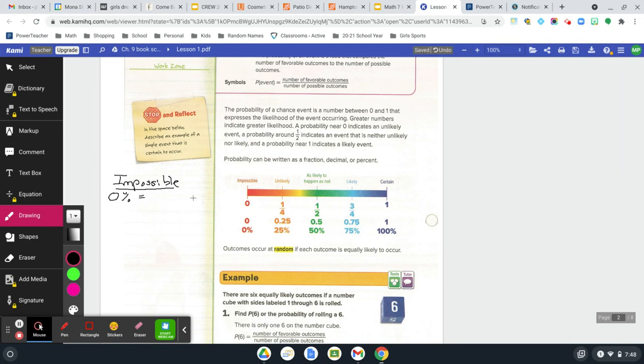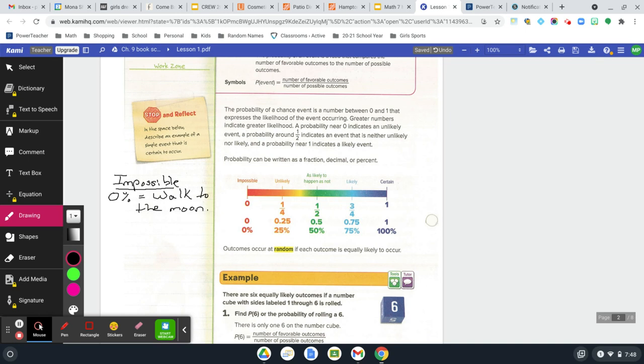Can I walk to the moon? Can you walk to the moon? No. That has a 0% chance of happening. That's impossible. You can't just walk to the moon, right? So with probability, that's a 0% chance. Like I said, it's called an impossible event.